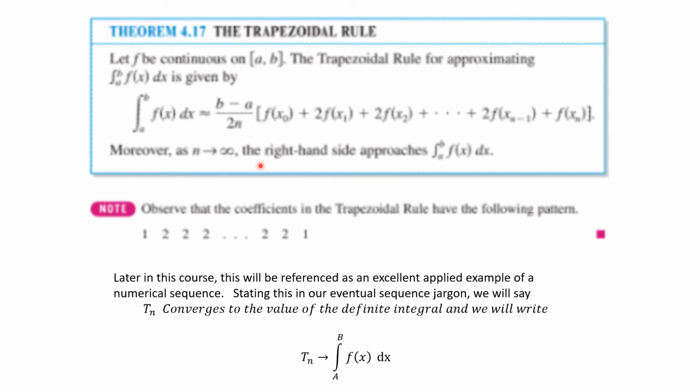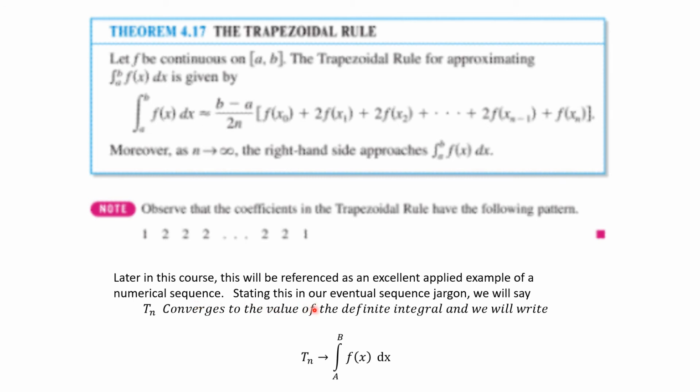And as n goes to infinity, the right-hand side approaches the integral from a to b of f of x dx. Actually, this is a very easy calculation. You see the coefficients follow this pattern. And later in this course, we'll reference this as an excellent applied example of a numerical sequence. We will study sequences and series in this course.